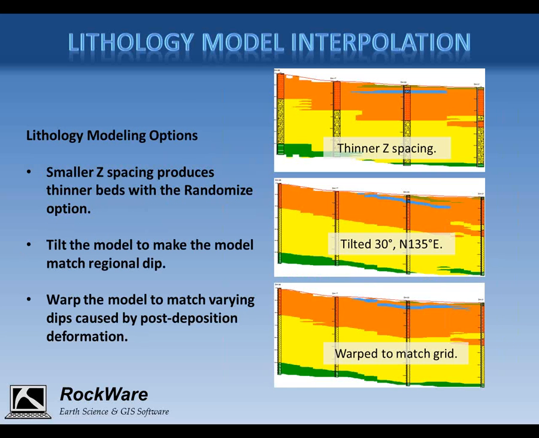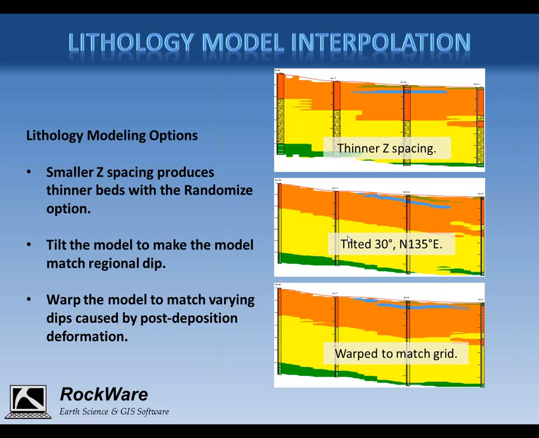Let's go on to some of the other modeling options that we have to improve our model. Certainly, we can use a thinner spacing to reduce some of the blockiness, and you can see in between these two boreholes here, we're getting some thinner feathering or interfingering between the orange and the yellow units.